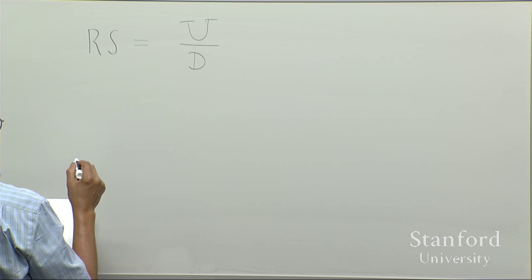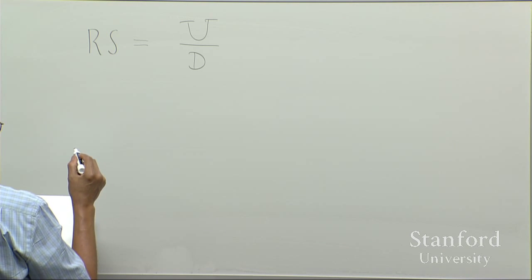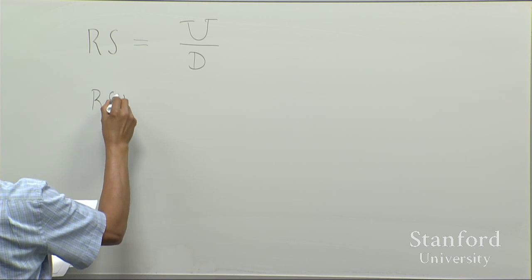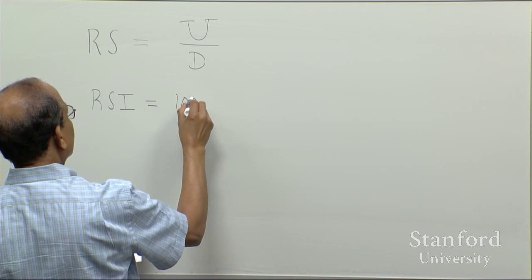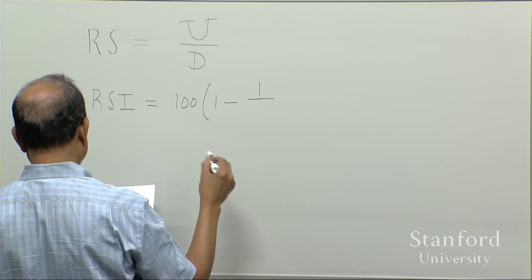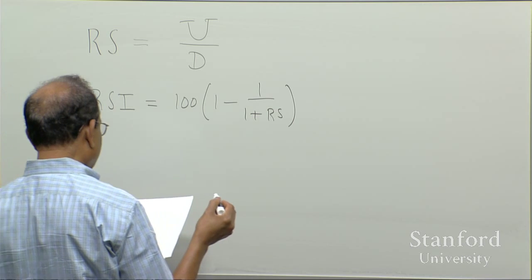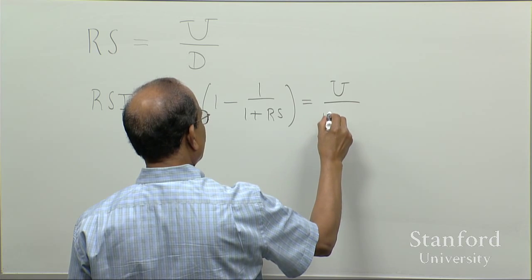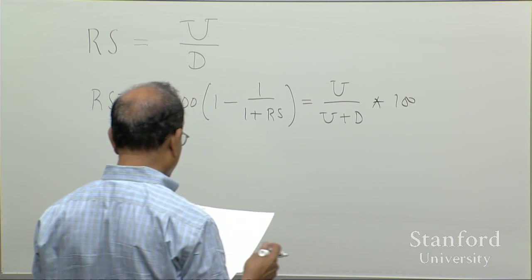I think there is an intermediate step people use in practice, that is, if you take this RSI, this is given as 100 times (1 minus 1 over 1 plus RS). So that is the same as writing U over (U plus D) times 100. Okay.